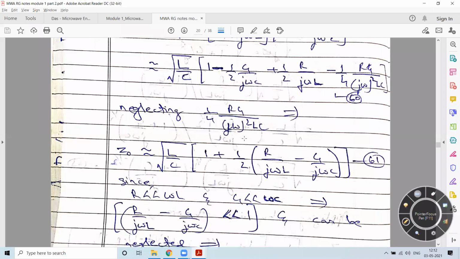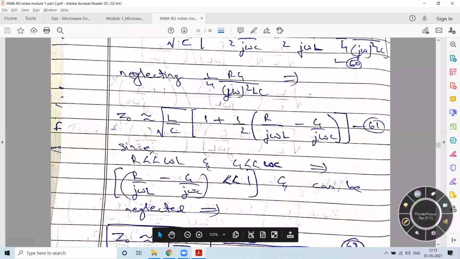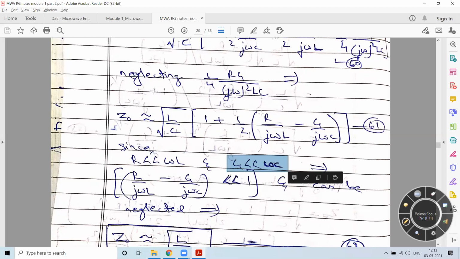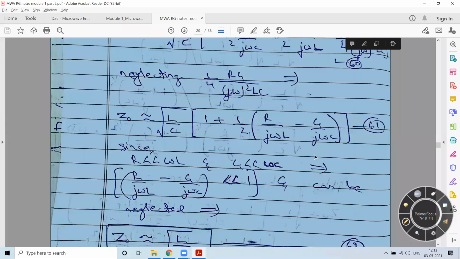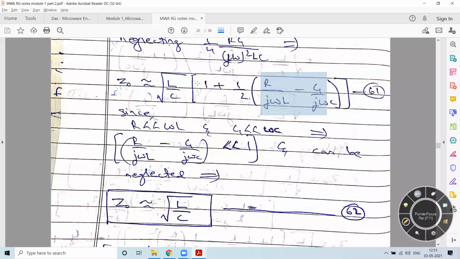Again, you simplify this entire expression. In this case, we see that R is very much less than omega L and G is very much less than omega C. So what happens to this parameter? You're taking the difference of R by j omega L minus G by j omega C. In that case, we can neglect this part because it will be a difference between very small numbers, which is again a very small number.